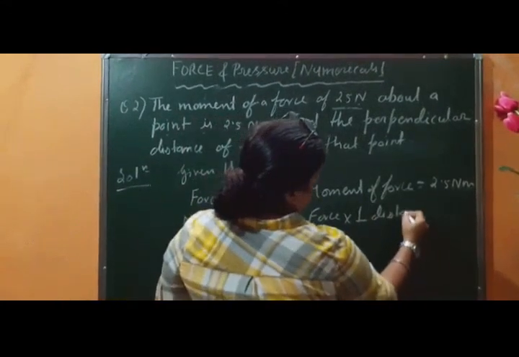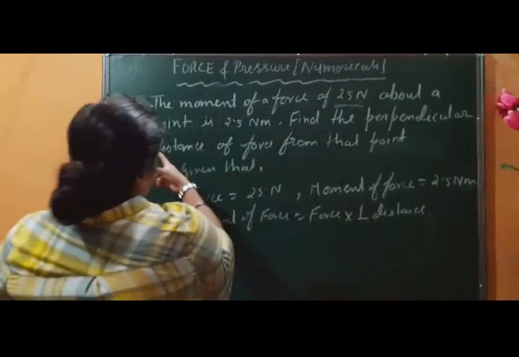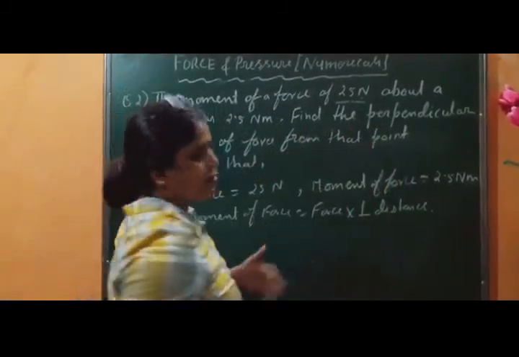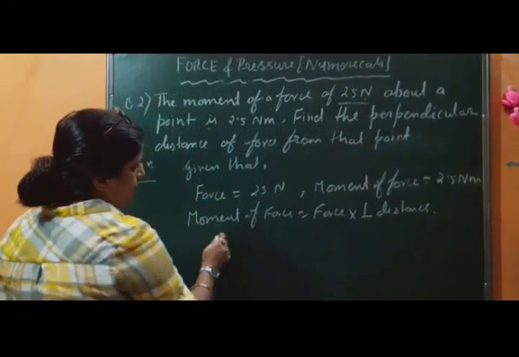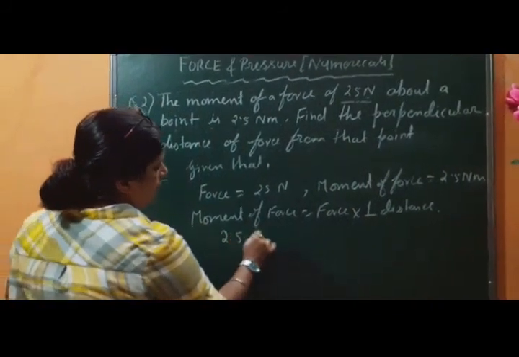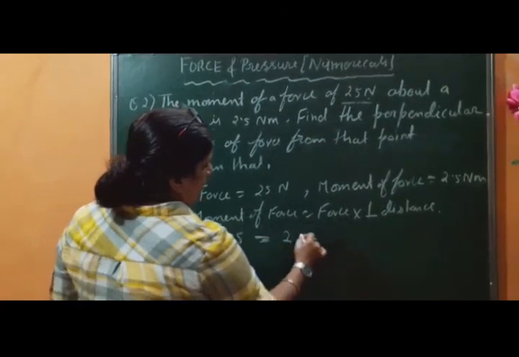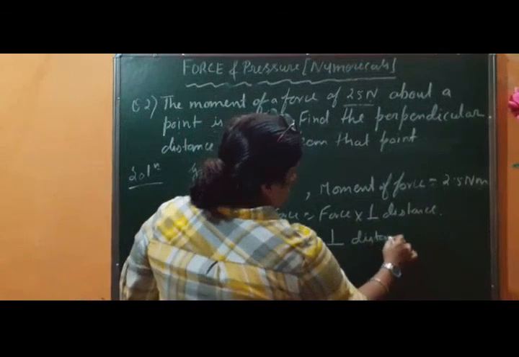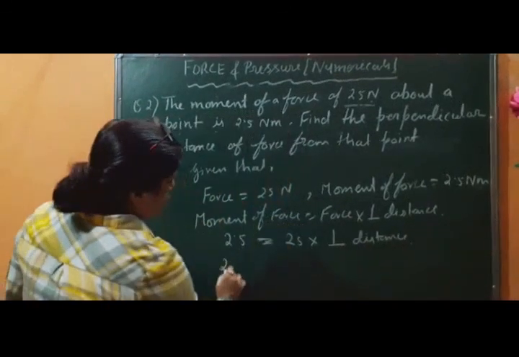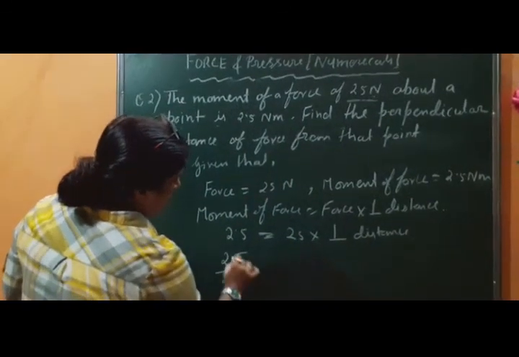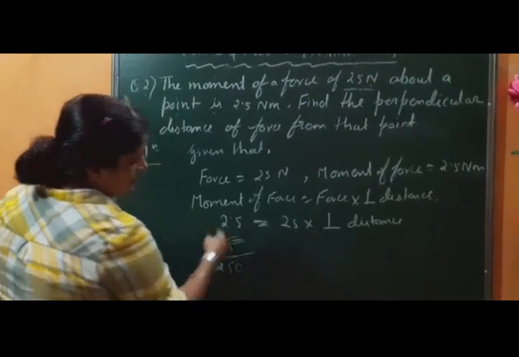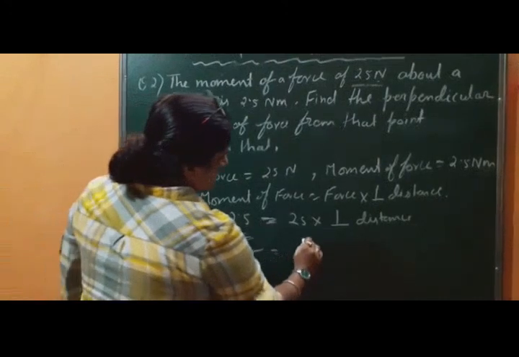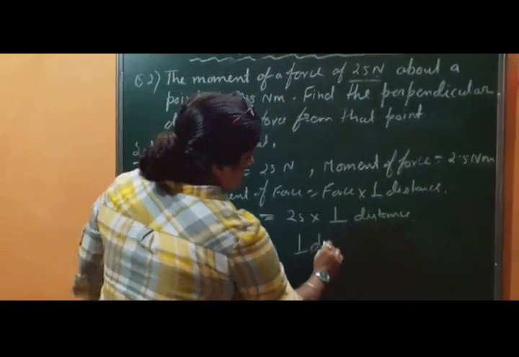Our question says to find the perpendicular distance of the force from that point, so we are going to find that. The moment of force is 2.5, force is 25, and we are going to find the perpendicular distance. So it is 2.5 upon 25. The decimal is replaced, that's why 0 is here. 25 times 0 is 250, so that is the perpendicular distance.